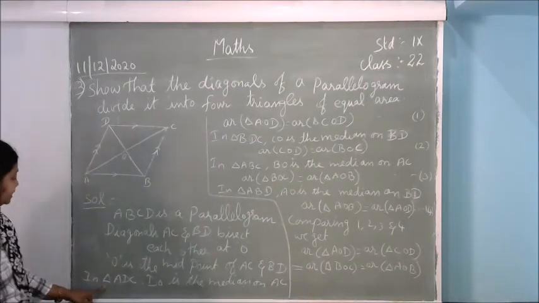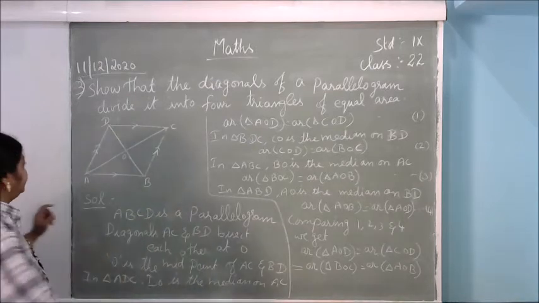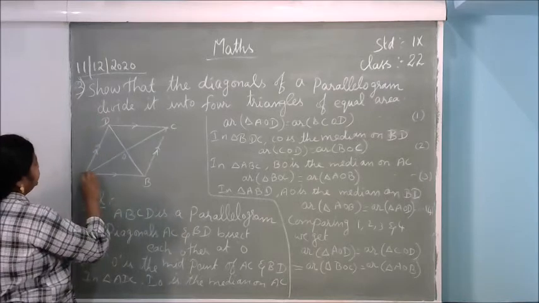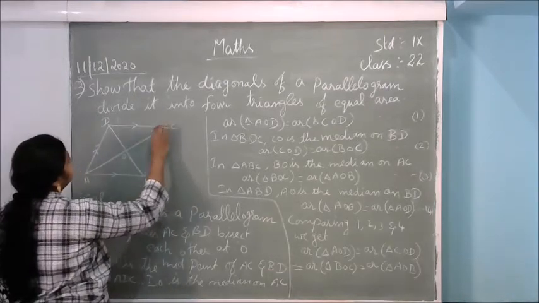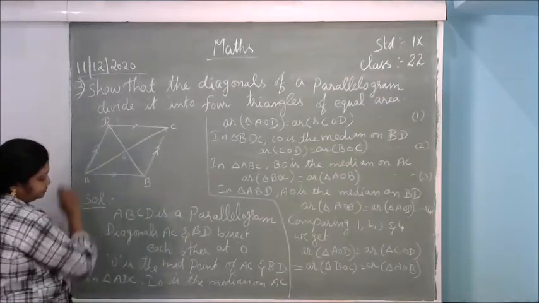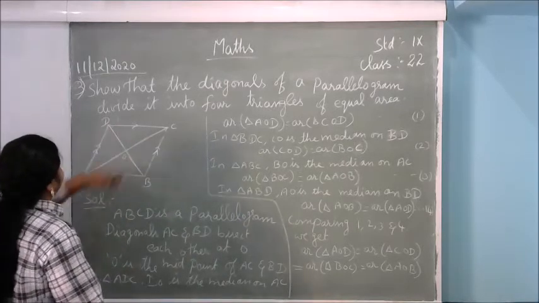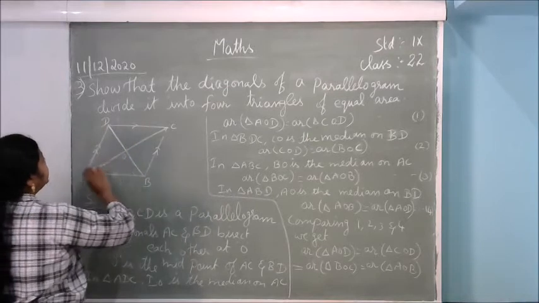Triangle ADC, that means this triangle. In triangle ADC, DO is the median of AC.